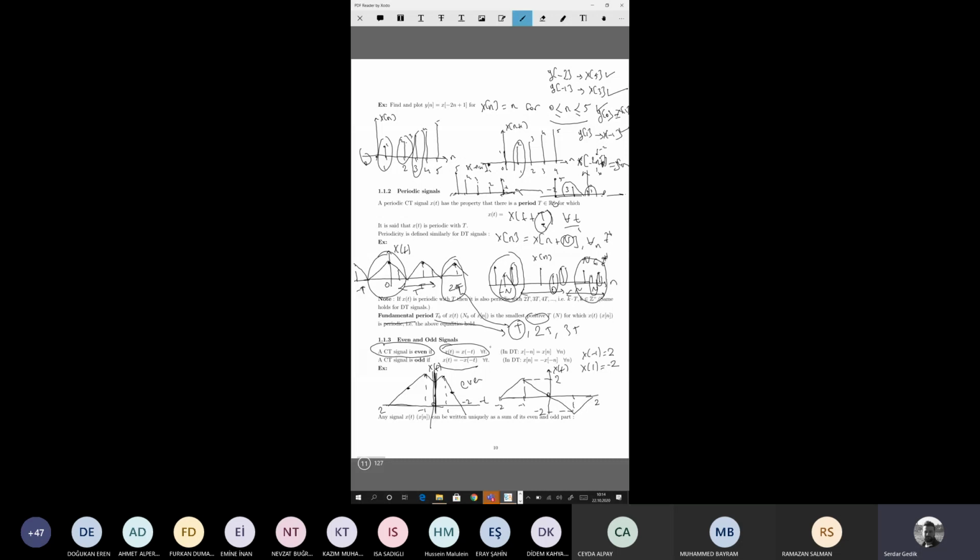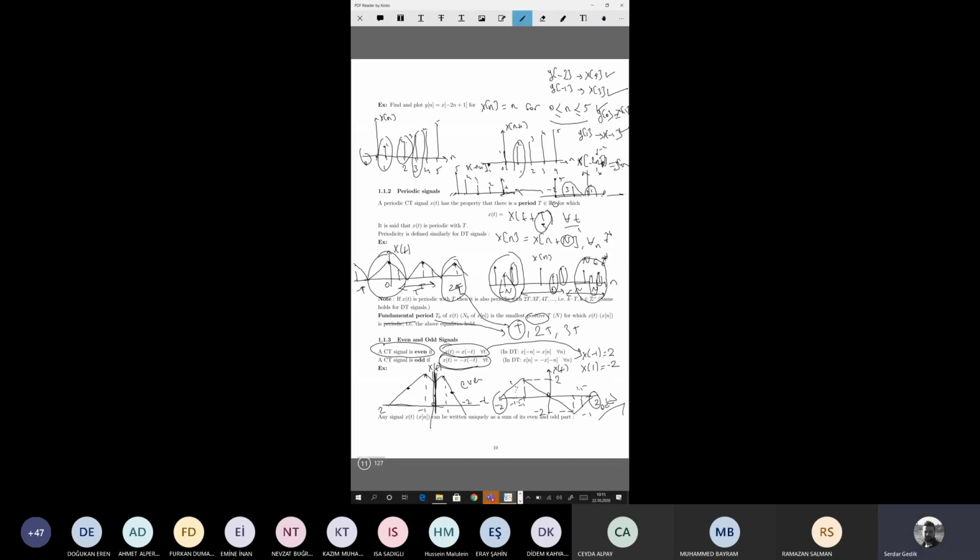So this relation holds, you see. X of -2 is 0, and x of 2 is also 0, so it doesn't change. But let's say here I have -1.5. X of -1.5 is 1, but x of +1.5 is -1. So this relation holds for this x of t. So it is an odd signal.